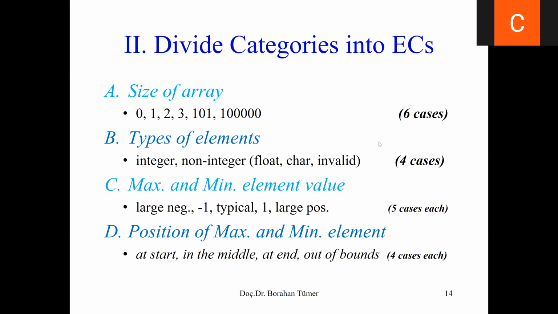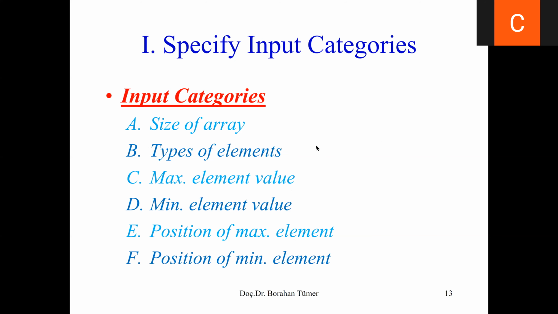All right. So, what do you think may be the representatives for each equivalence class in the size of the array?